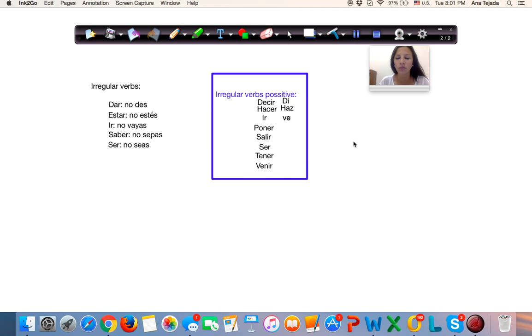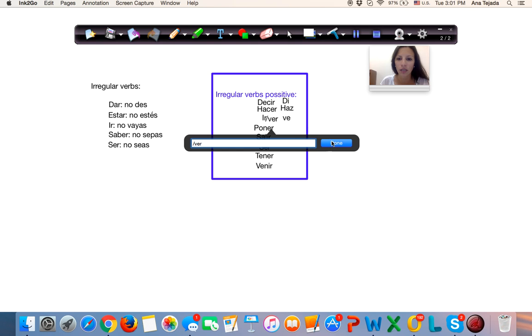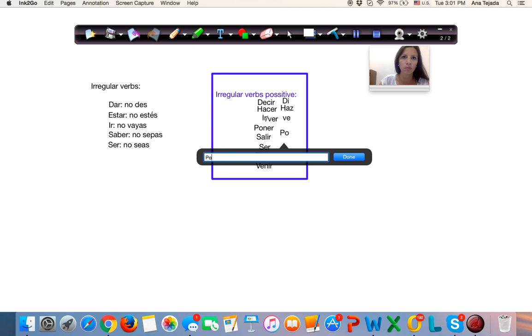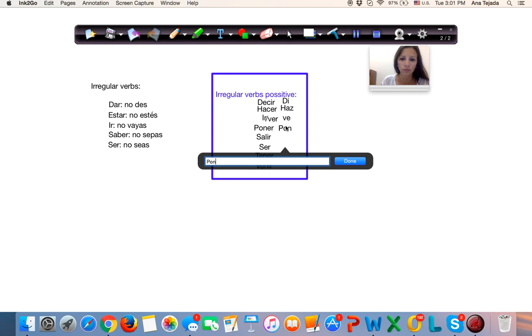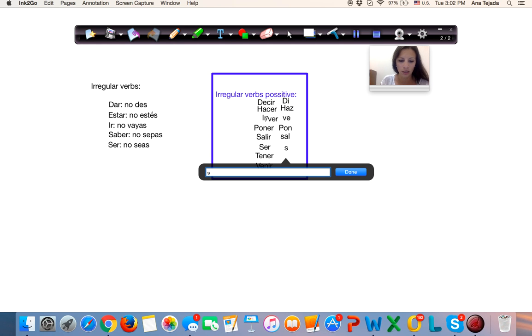And ir is important because ir and ver, to see, are going to be the same. So ir and ver have the same conjugation in the positive form. Okay? Poner is pon. Salir is sal. Ser is sé, con tilde.